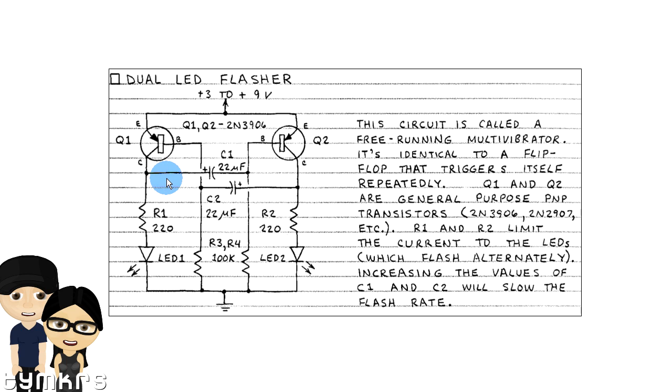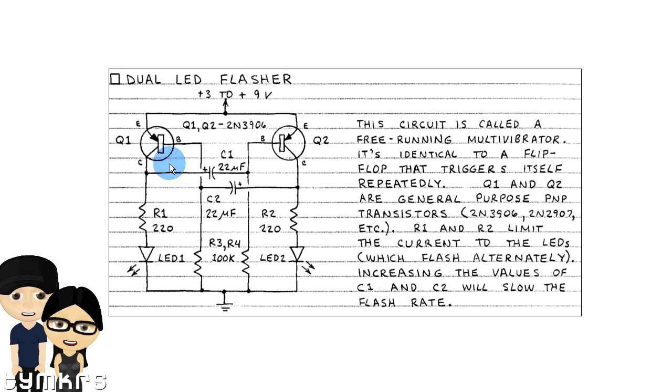So whereas NPN's B would act like a gate, switching the transistor on or off, in this case it's the relation of the base to the emitter. So as long as the base voltage is lower than the emitter voltage, then current will go from E to C, from the emitter to the collector.